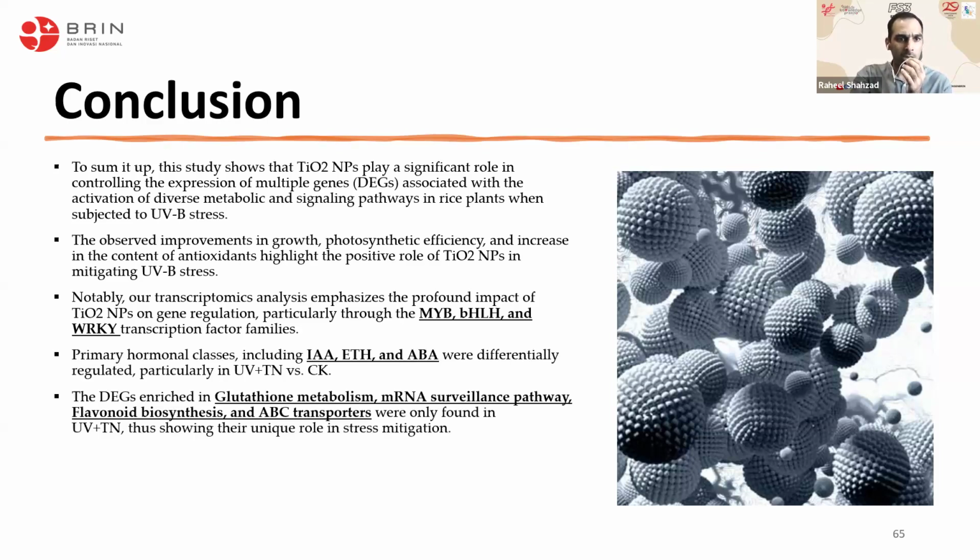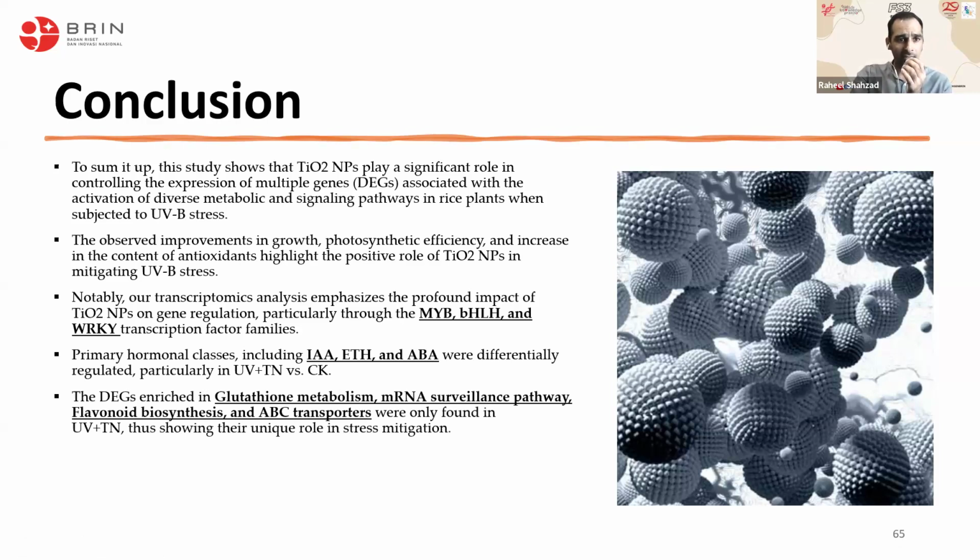Similarly, for hormonal classes, we find that the IAA, ETH, and ABA candidate genes were differentially regulated, particularly in the UV plus TN group. So those could be very good candidates for research.